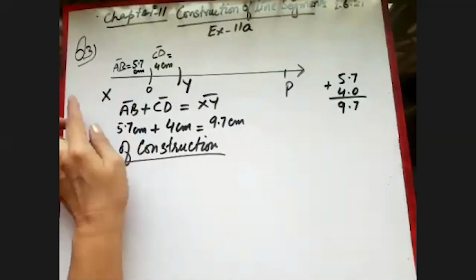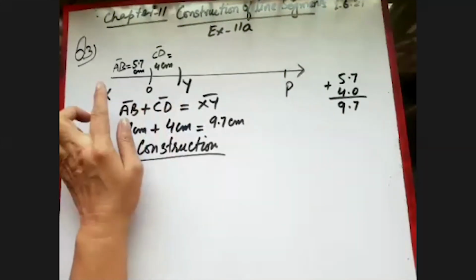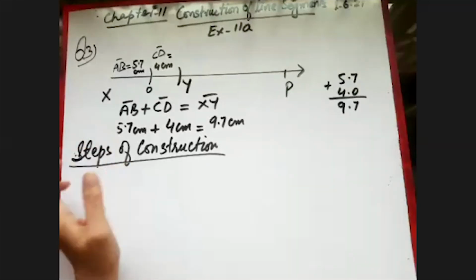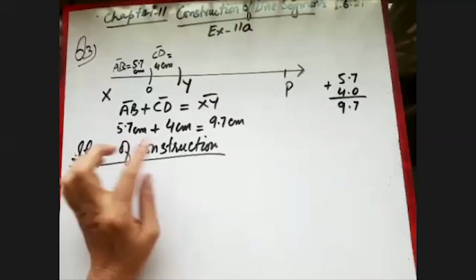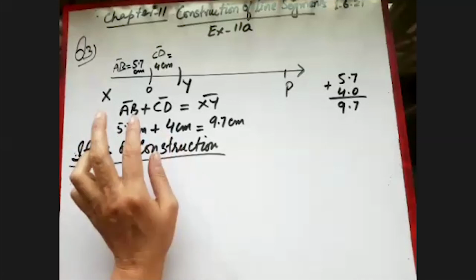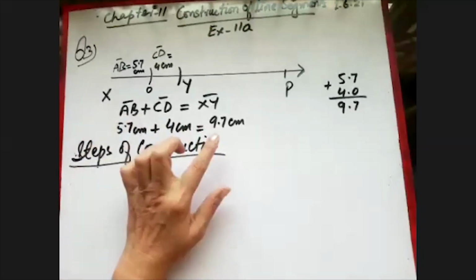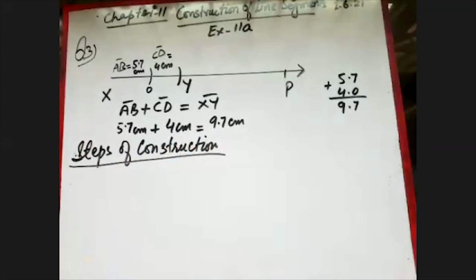So I measure both the lengths AB and CD, which are 5.7 centimeter and 4 centimeter. So add up both the lines, I get the total length of XY line, which is 9.7 centimeter.